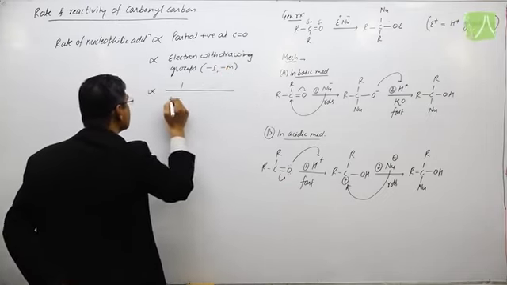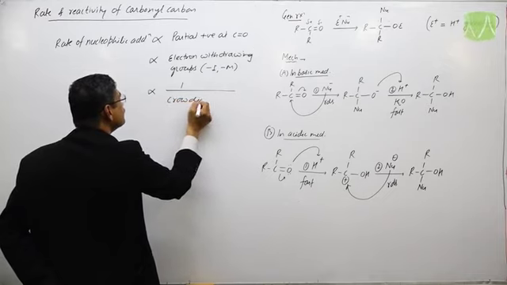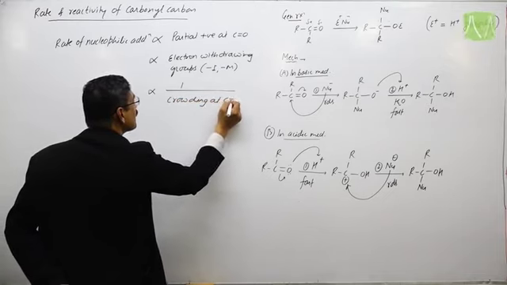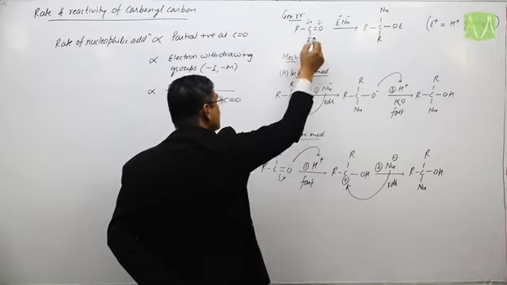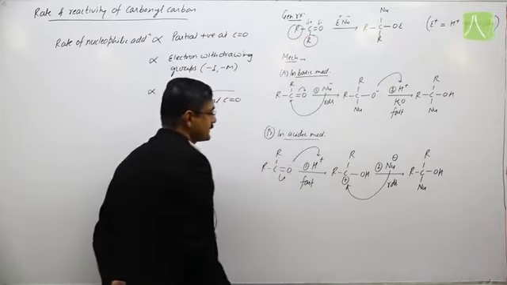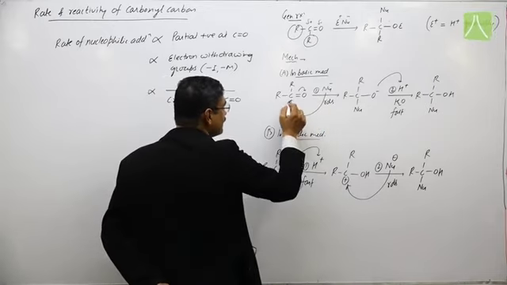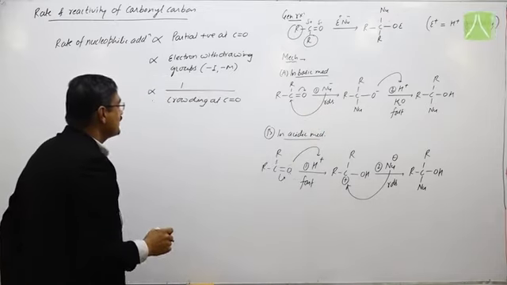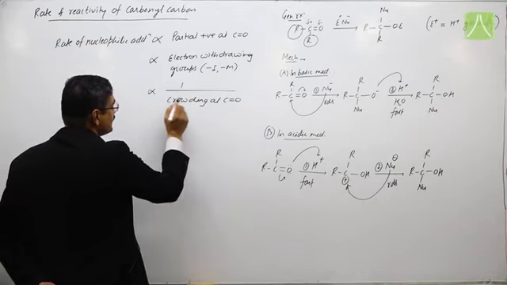The next important factor is crowding. Crowding at C double bond O increases, so rate of nucleophilic attack decreases. So nucleophile attacks with a slow rate because of crowding effect. So it is very important.